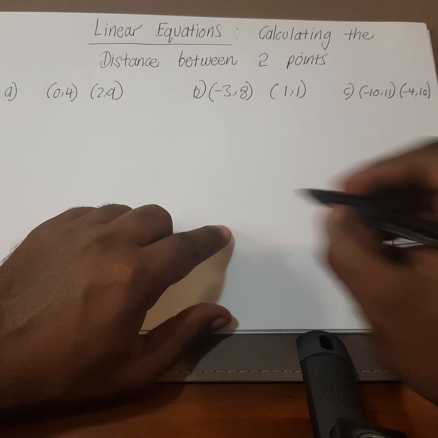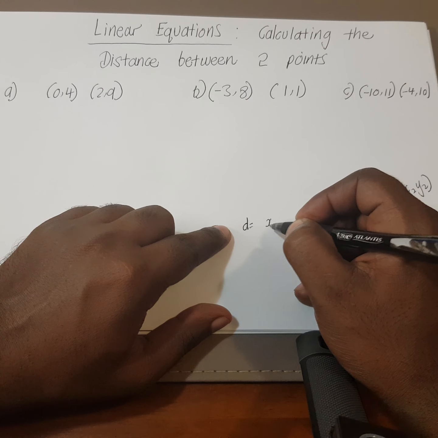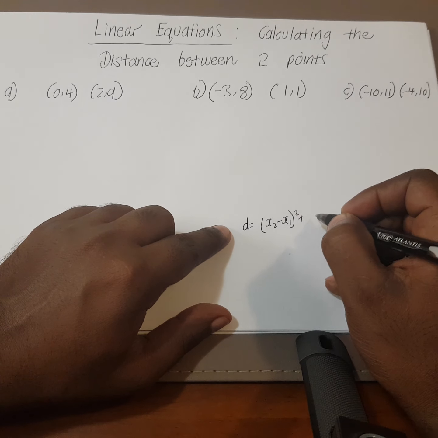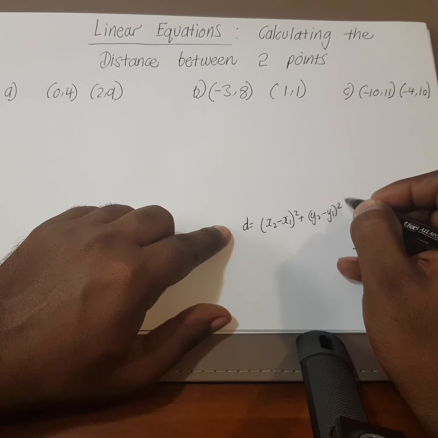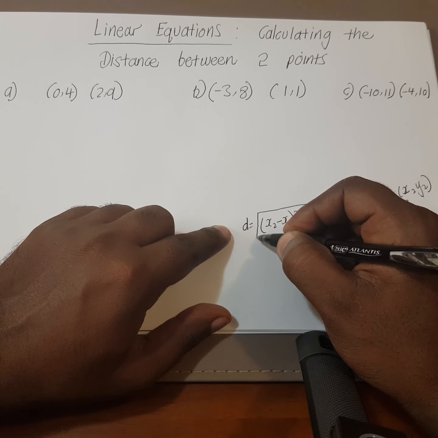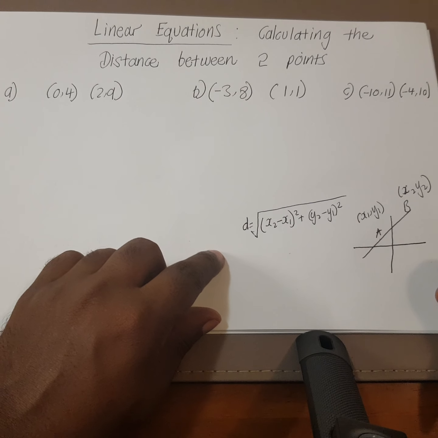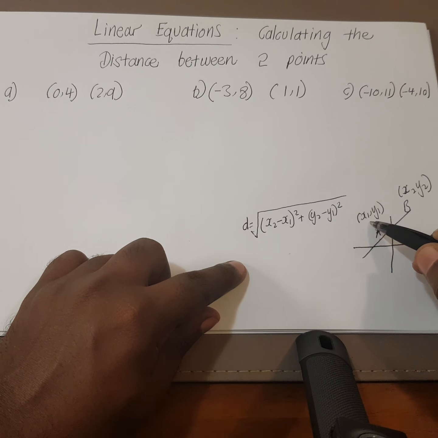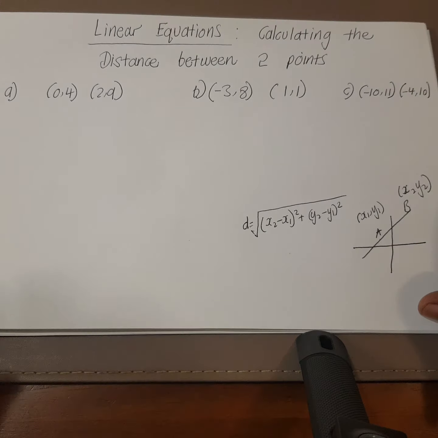The formula for working out the distance between 2 points is, I would say, D equals the square root of x2 minus x1 squared plus y2 minus y1 squared. So you get x2, subtract x1 squared, y2 minus y1 squared, add them together, and eventually find the square root.